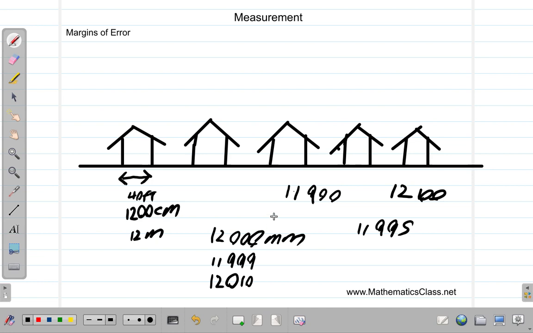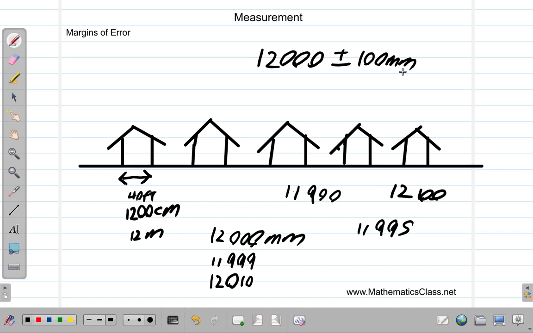So what you're saying here is that they should be 12,000 millimeters plus or minus 100 millimeters. Now, that is your margin of error. It can be 100 millimeters smaller or 100 millimeters larger.